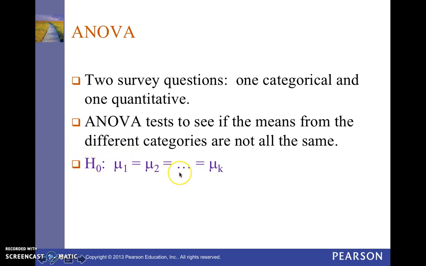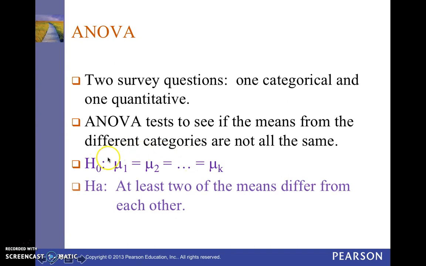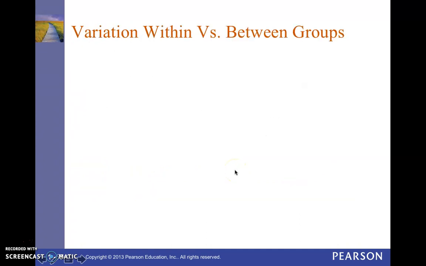In other words, the only thing that we need to make this not true is any one of these, right? If we had 10 of them, as long as 2 of them are significantly different, it would in fact lead to a rejection of the null hypothesis, okay? And so this minimizes, right, the kind of test that we're doing, right? At the end of the day, we're just going to test and see if there are some differences. Now, this is going to be important because you're also introduced to the concept of a post hoc analysis, okay? And I'll talk about that later, but it factors into what we're doing here. So I'll prime you a little bit.